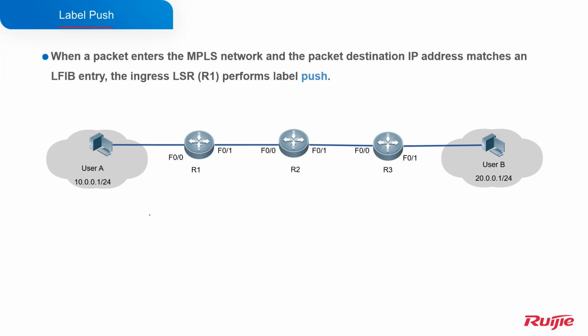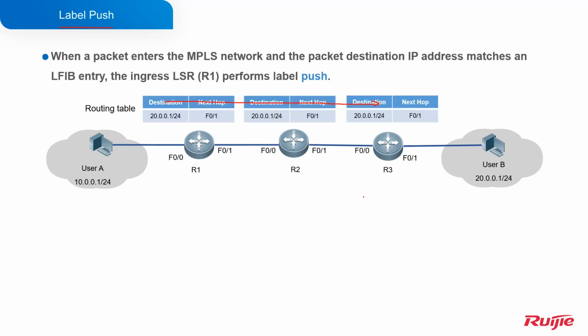For example, in this topology, we have two users, user A and user B, and three routers located in the MPLS network. User A and user B are located in the non-MPLS network, maybe IPv4. Now if user A wants to visit the destination 20.0.0.1, and we hope we can use MPLS to forward the message, let's see the process.